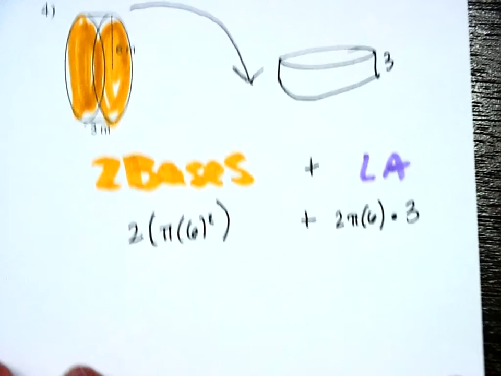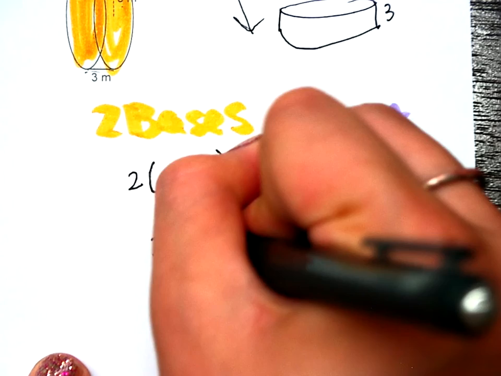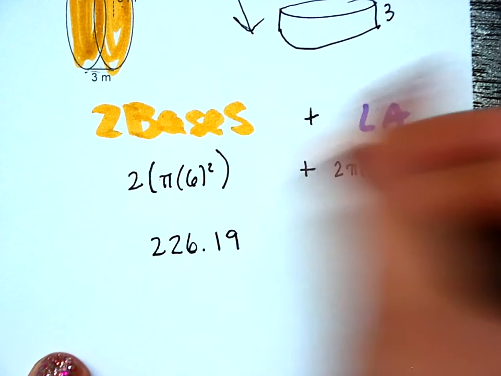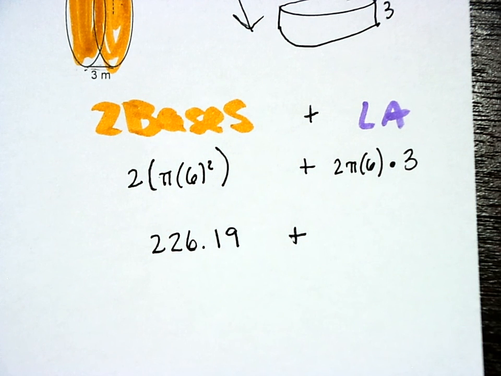All right, let's calculate these numbers. So on the left, the two bases, I've got 36 times 2 pi, and I'm just going to write the number. So 226.19 plus, and I already rounded it, so it doesn't have pi. On the right side, I have 2 times 6 times 3 pi.